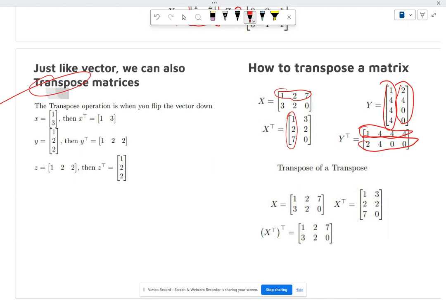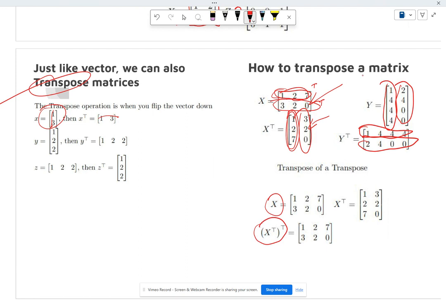Whereas with vectors, you only go from vertical to horizontal for one single vector, you can imagine there are multiple vectors here, and you're going to do the transpose of this one and this one. So first becomes the first, second becomes the second. Okay? So you can imagine the transpose of a transpose.